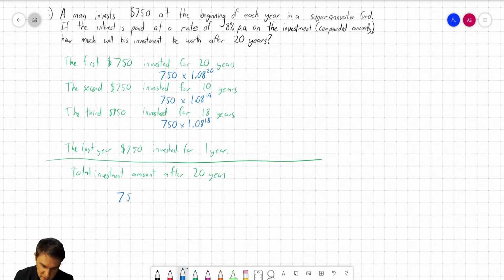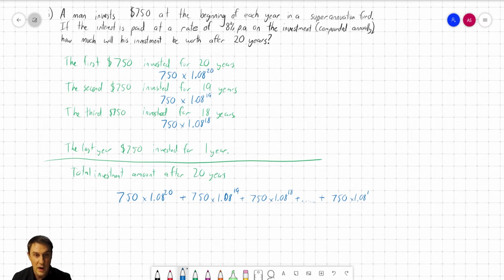So we've got 750 times 1.08 to the power of 20, plus the second year we added another 750, that's times 1.08 for 19 years, plus 750 times 1.08 for 18 years, plus it continues on until we get to the last year. We've got 750 times 1.08 to the power of 1. This is where we're establishing our pattern.